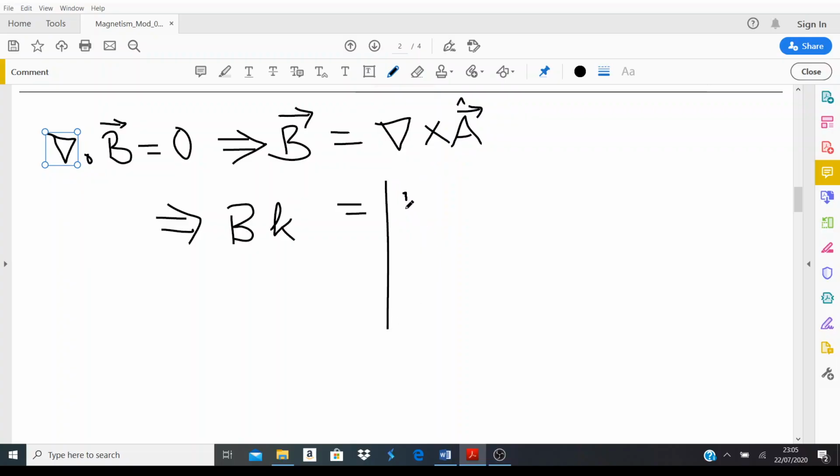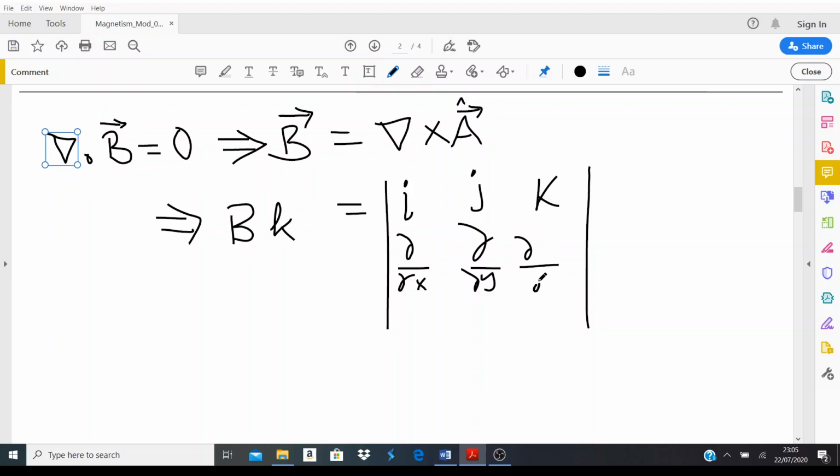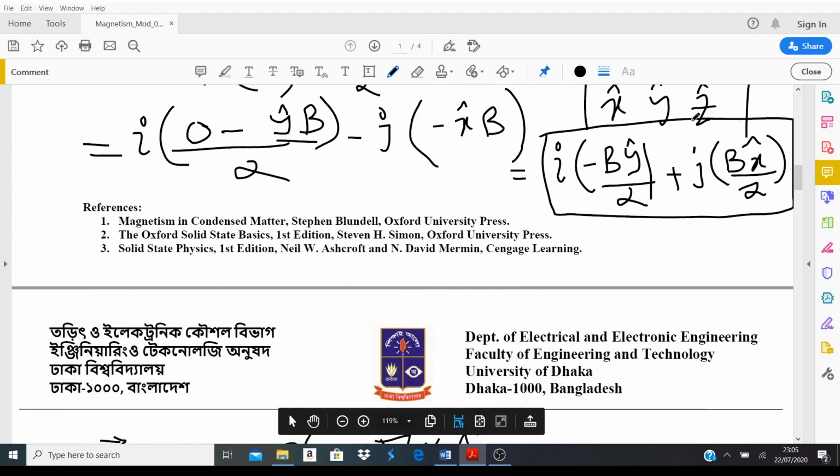How do we calculate this? We need the i, j, k of the three unit vectors, then the differential operator here, which is the gradient operator. So we have d/dx, then d/dy, then d/dz. And for A, we have just derived this part, right?